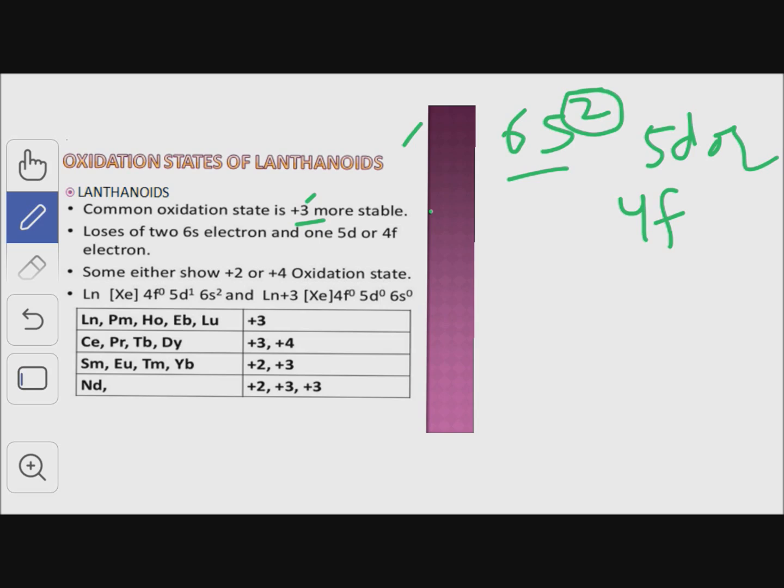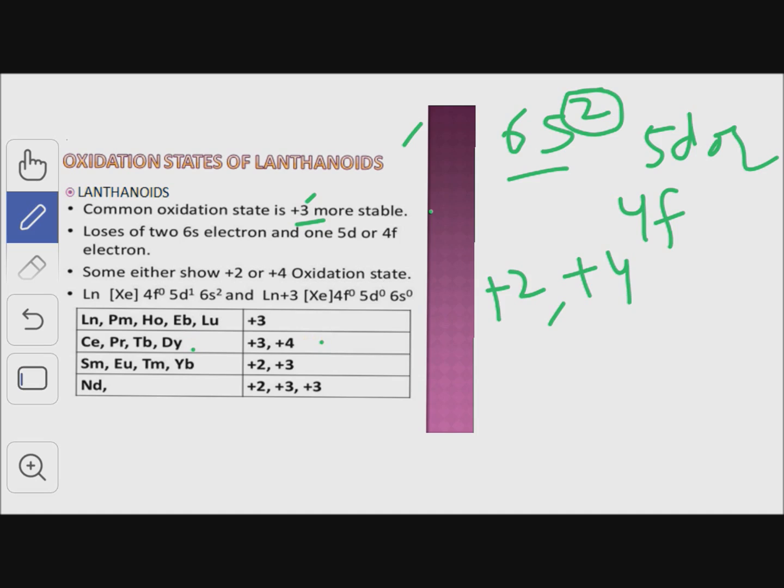They also show +2 and +4 oxidation states. For example, cerium, praseodymium, terbium and dysprosium show +4 oxidation state.